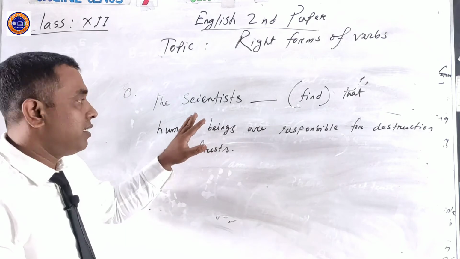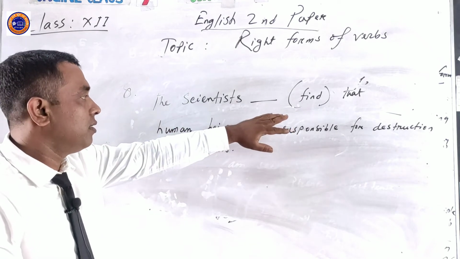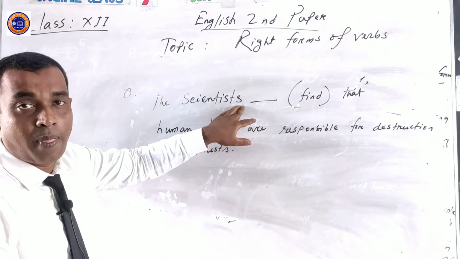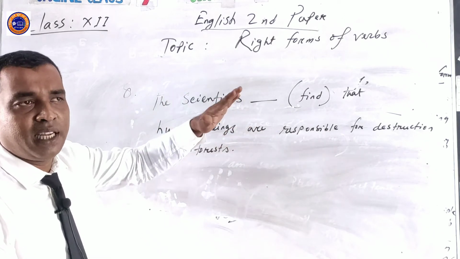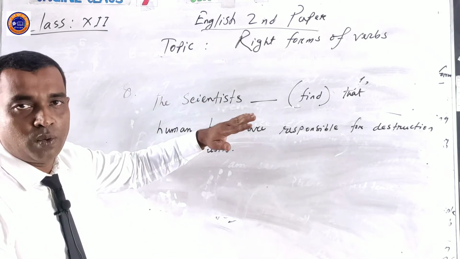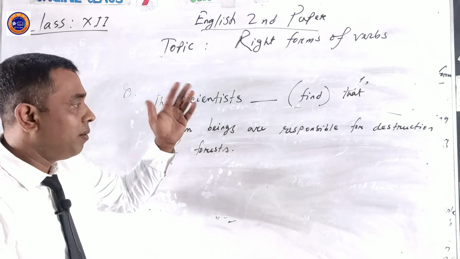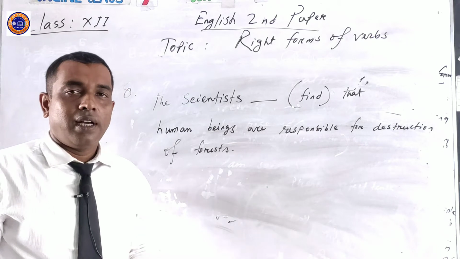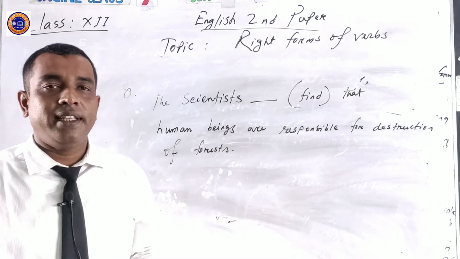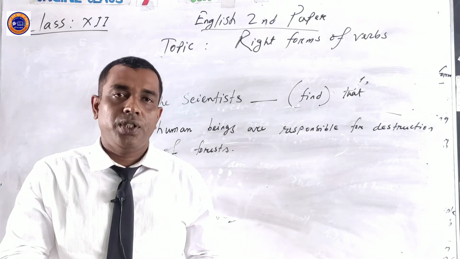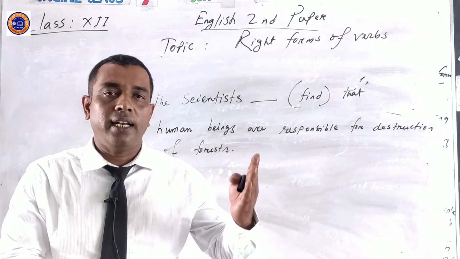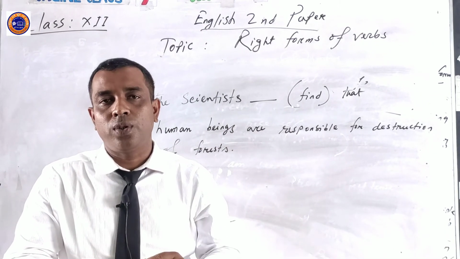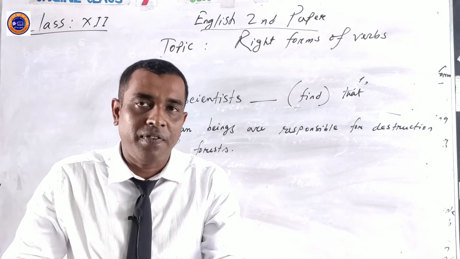Look at the sentence. The scientists find. The scientists found this thing some years or some moments ago. It doesn't mean it is in the past time, but the effect is really true at this moment. So the rule is that if anything happened or was done in the past, but the effect is really present at this moment, the sentence will be present perfect tense.